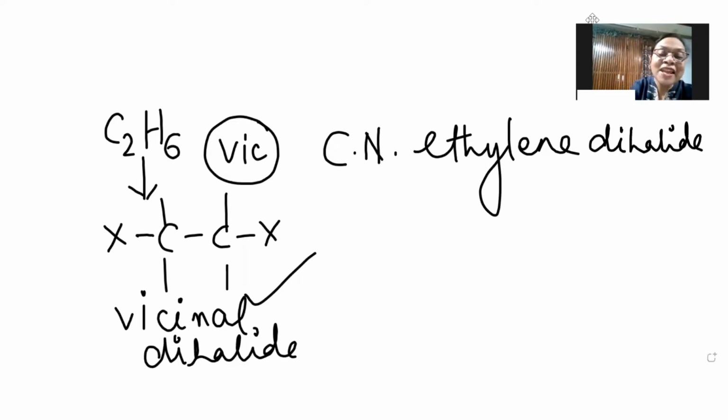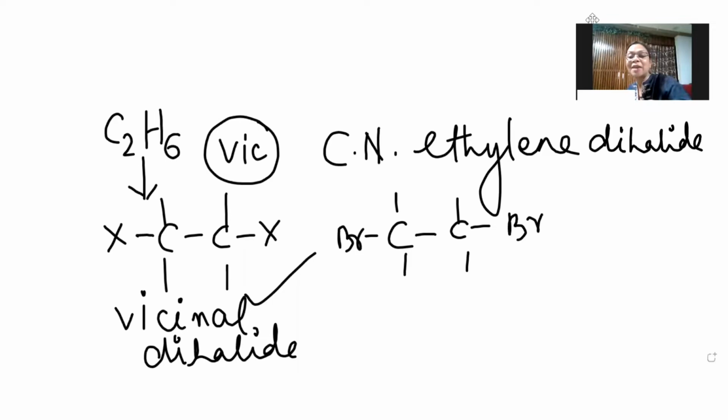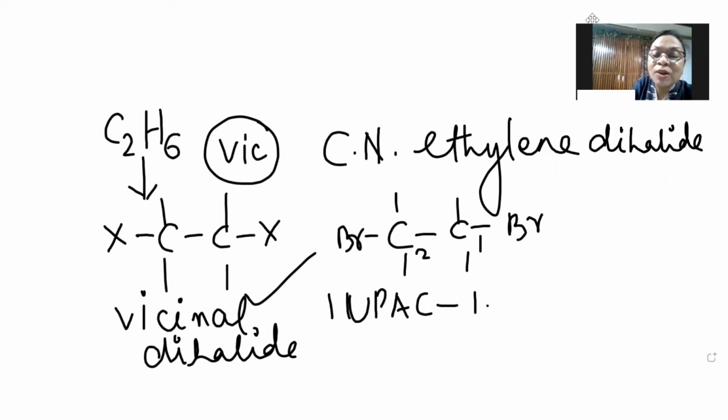If I replace the halogens with bromine, this would be ethylene dibromide. And what about the IUPAC name? This would be 1,2. Whether you number from the right or from the left, it would be the same, so this wouldn't have a problem. So this would be called 1,2-dibromoethane.